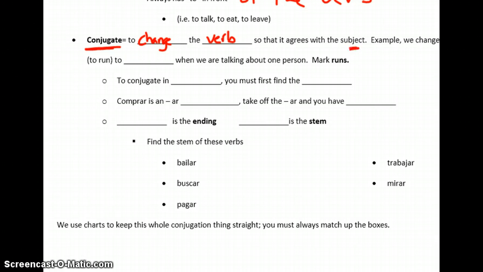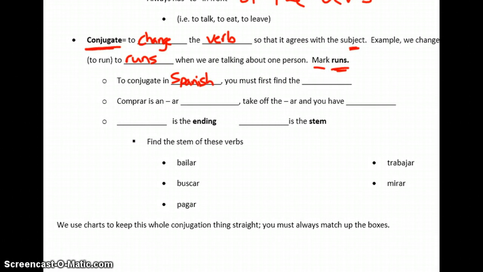Example, we change to run, which is an English infinitive, to runs when we are talking about one person. For example, Mark runs. We don't say Mark to run, we say Mark runs. To conjugate in Spanish, you know how to conjugate in English. You do it all day long, but you don't even realize you're doing it.